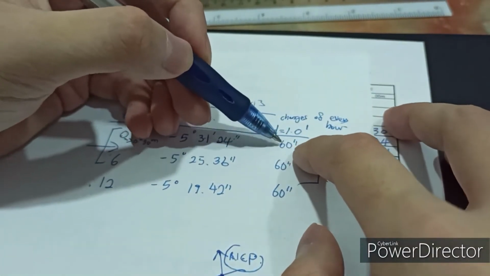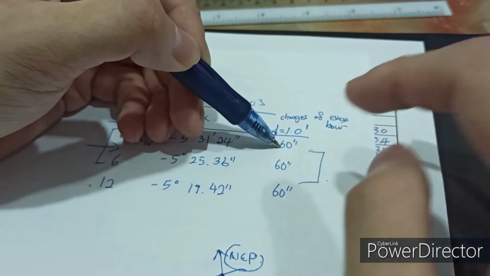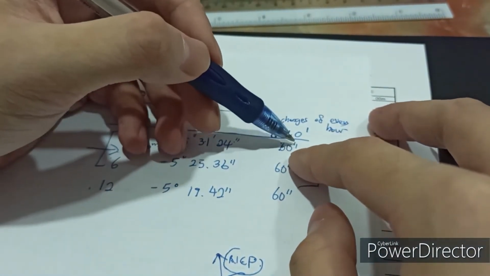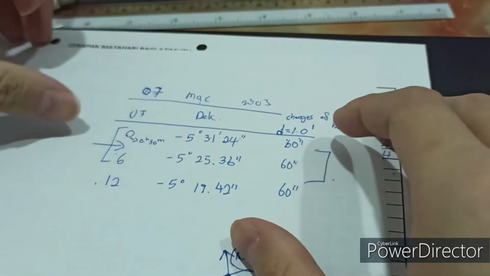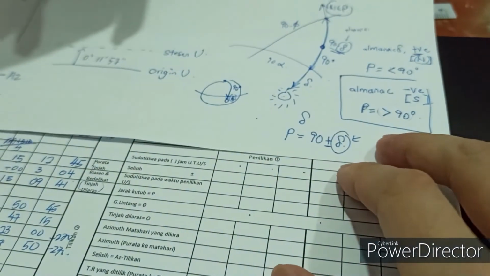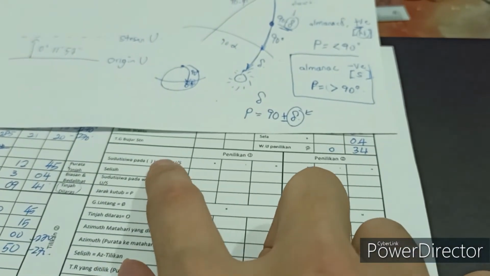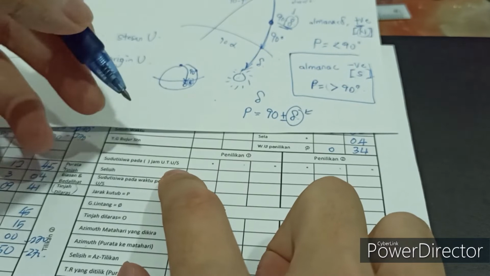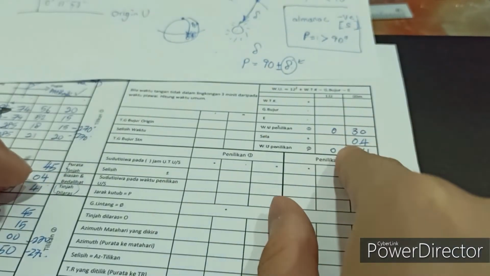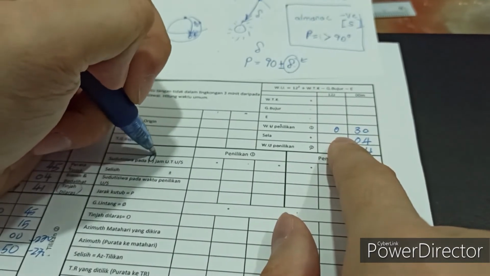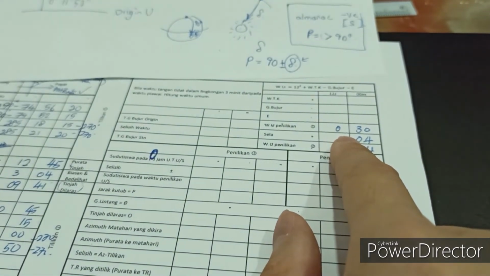So I convert it into seconds for easier calculation later on. It's 60 seconds. As you can see, this column is sudut istiwa pada waktu jam UT. In this sample, the nearest hour is 0, so we take the 0 UT time.